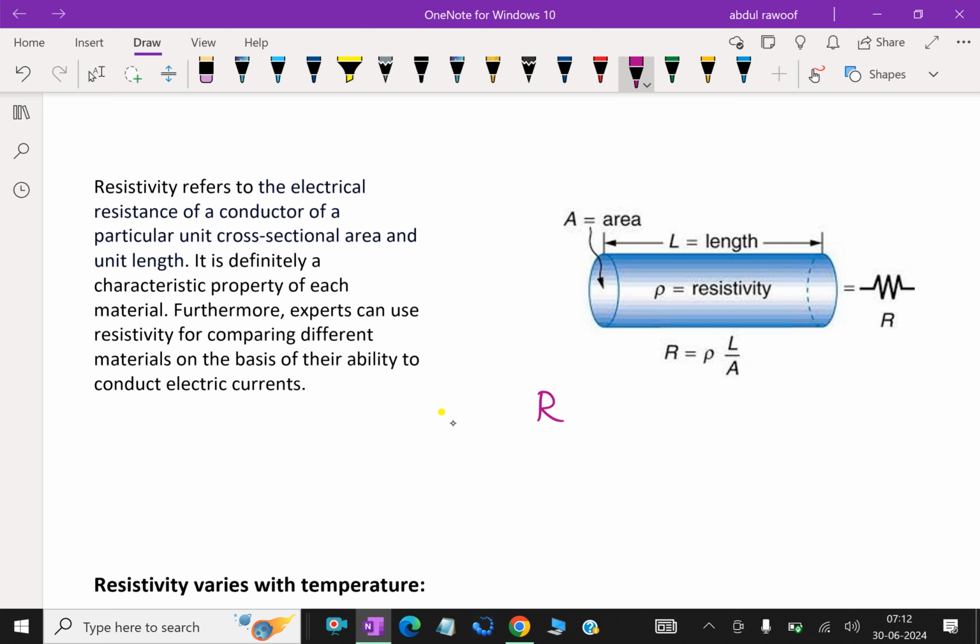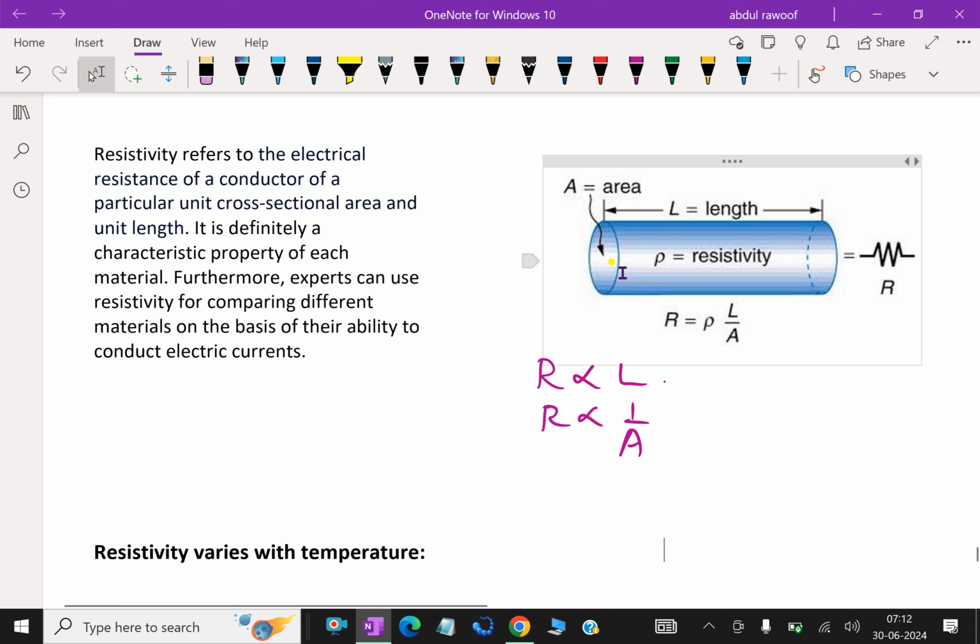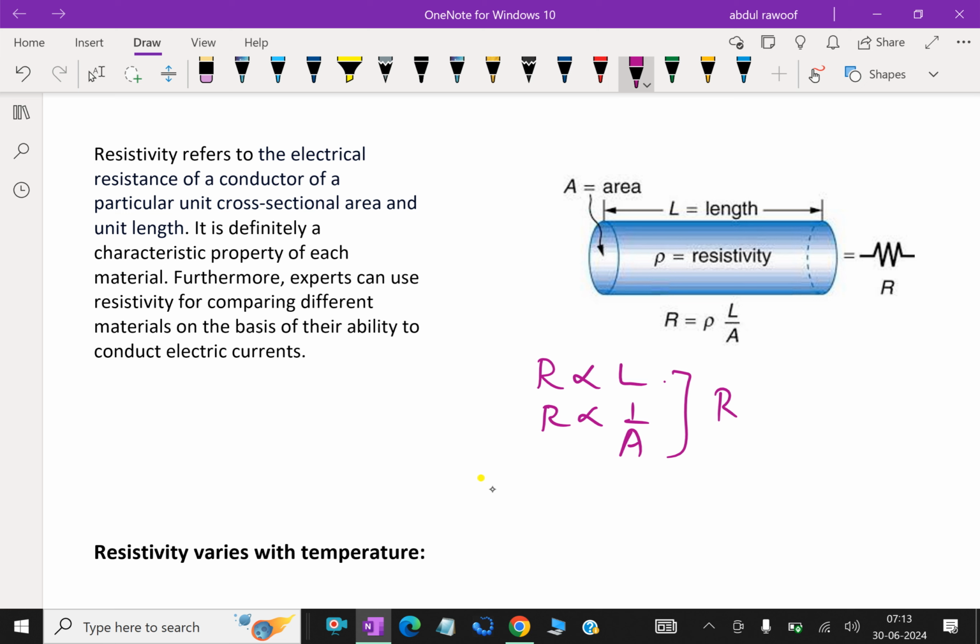Resistance is directly proportional to the length and inversely proportional to the cross-sectional area. That means if the length of the conductor is more, the resistance is more. If the cross-sectional area of the conductor is more, the resistance will be less. From this, resistance is equal to rho L over A, where rho is the resistivity of the material.